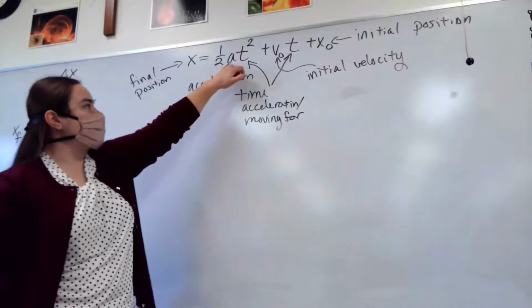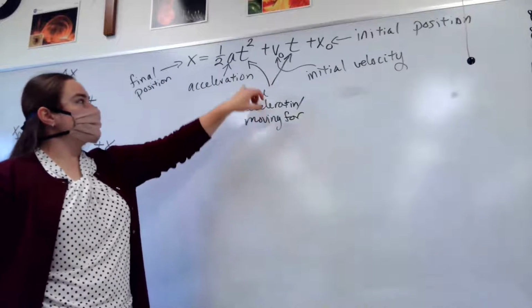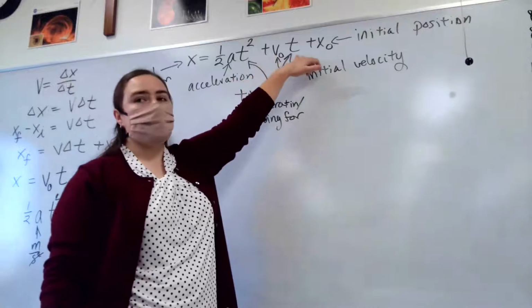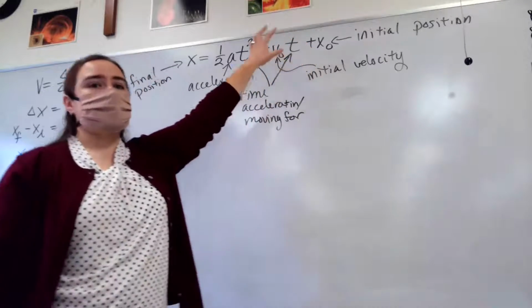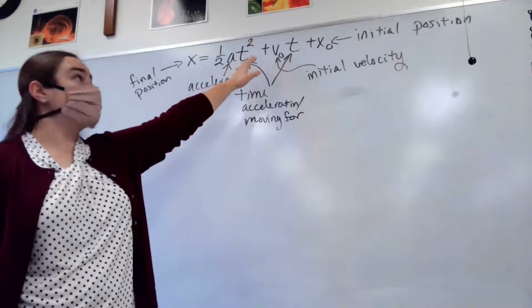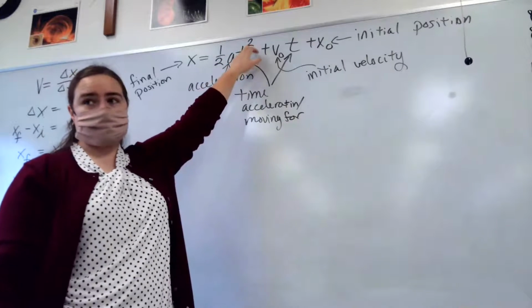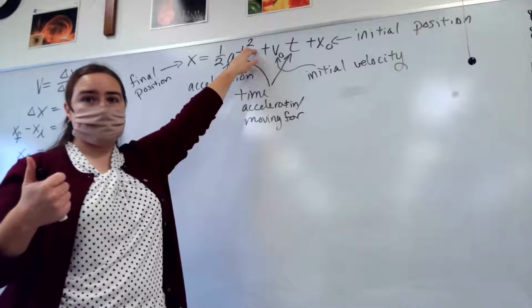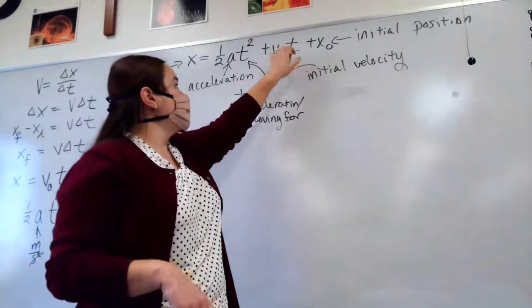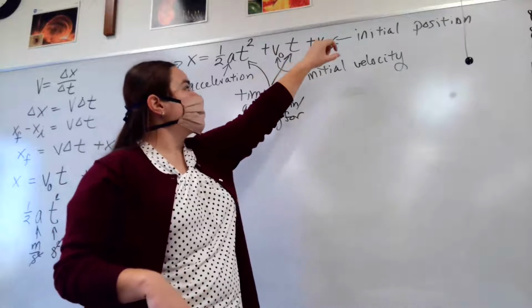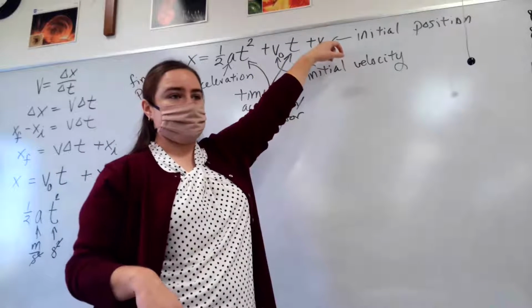This is your acceleration. This and this are going to be the same number. They're both the same variable. You would put the same number in there. After you put the number in is when you square this. Okay? Already got that? Okay. This is our initial velocity. This is our initial position.